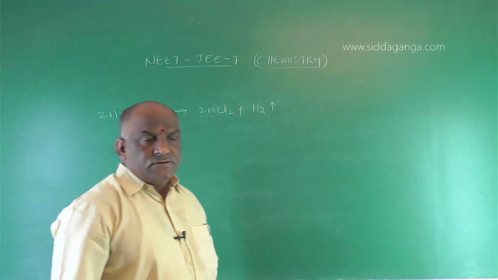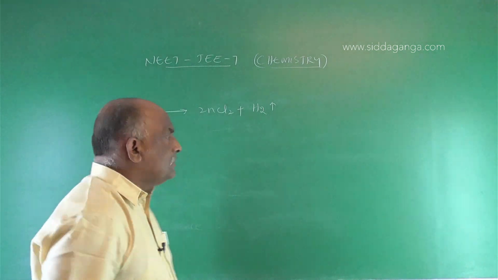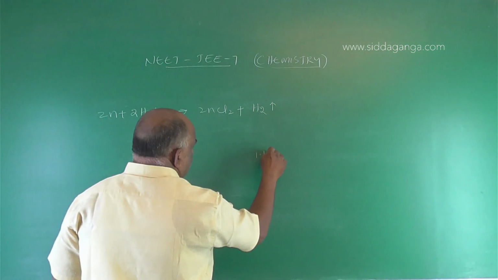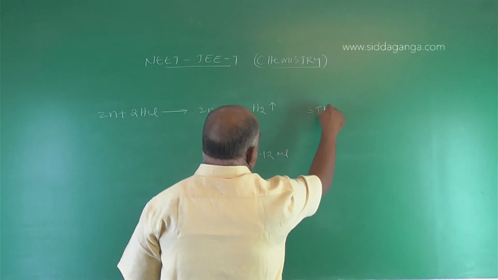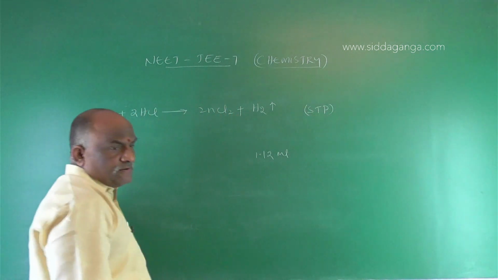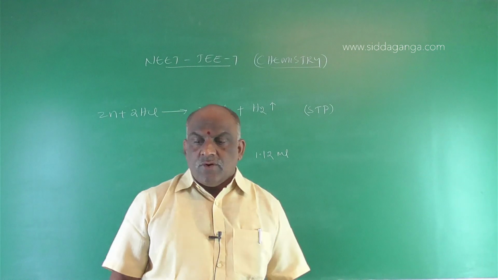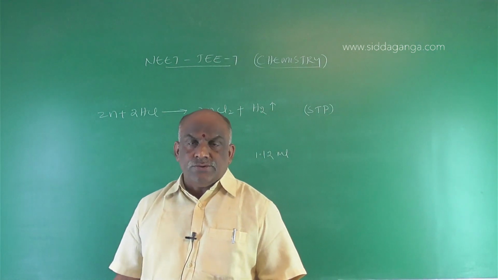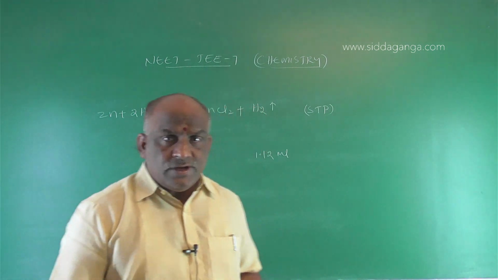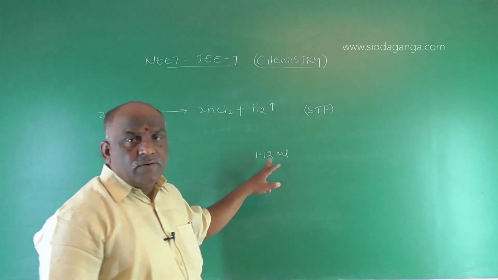In this equation, how much volume of H2 was given? 1.12 ml was given, and the condition given is STP. At STP, 1 mole of any gas occupies a volume of 22.4 liters or 22,400 milliliters. So here the volume given is 1.12 milliliters.